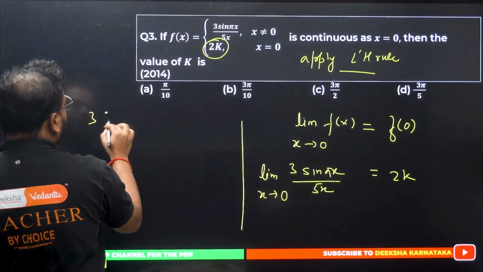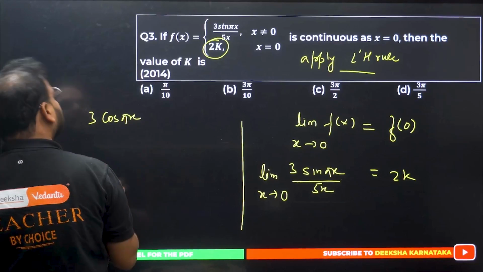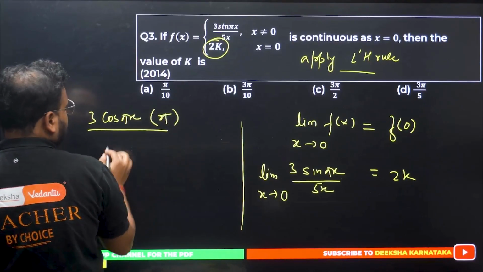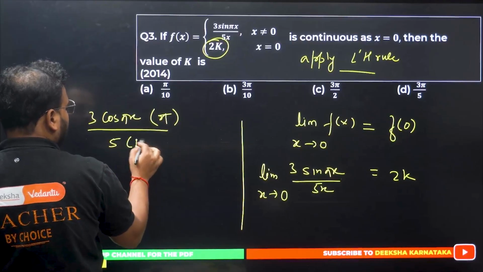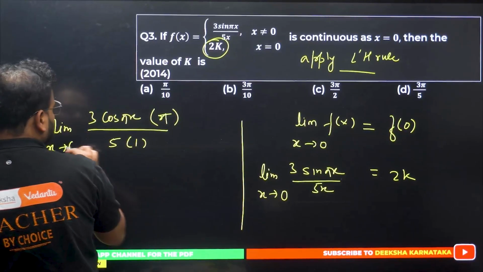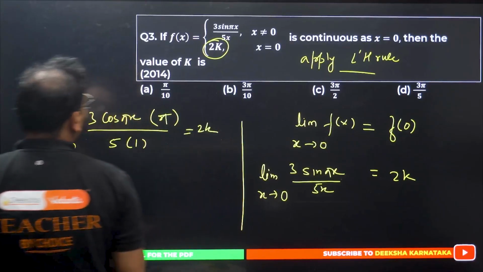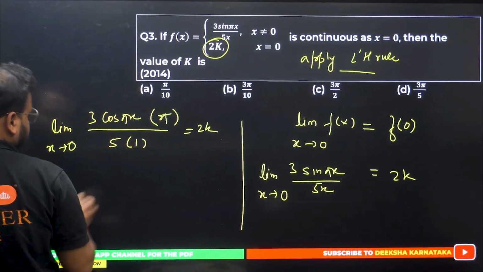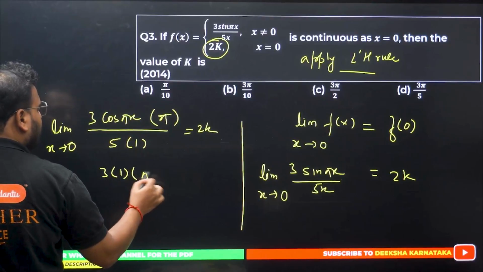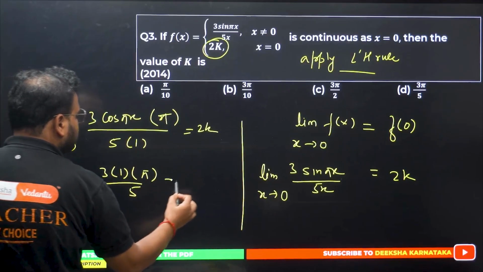Sin will become cos(πx). Differentiate πx also, you will get over here pi left, divided by 5 times of derivative of x, which is 1. And limit continues to be written as the same, x tends to 0, equals to 2k. If you substitute over here, what are you going to get? You will have this cos(πx) means cos 0. So cos 0 is 1 into pi upon 5 equals to 2k.